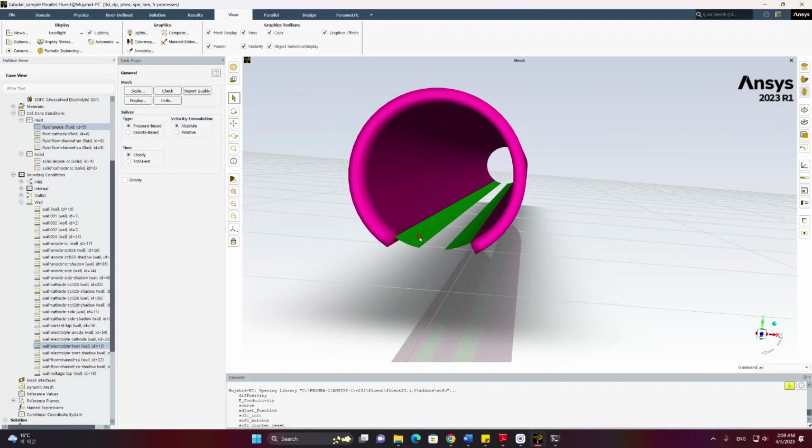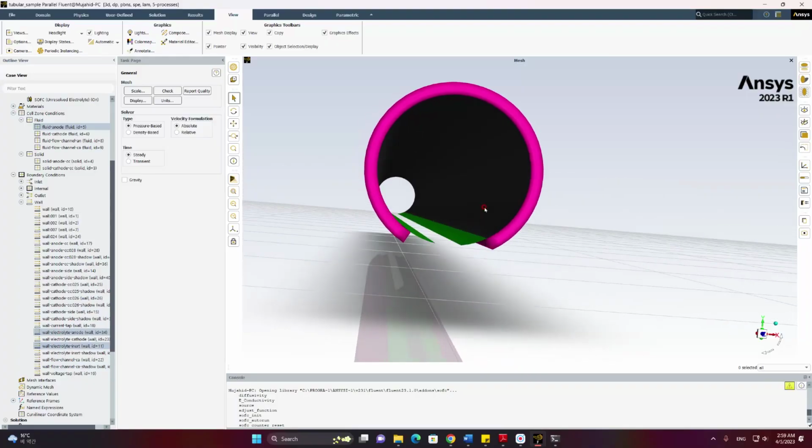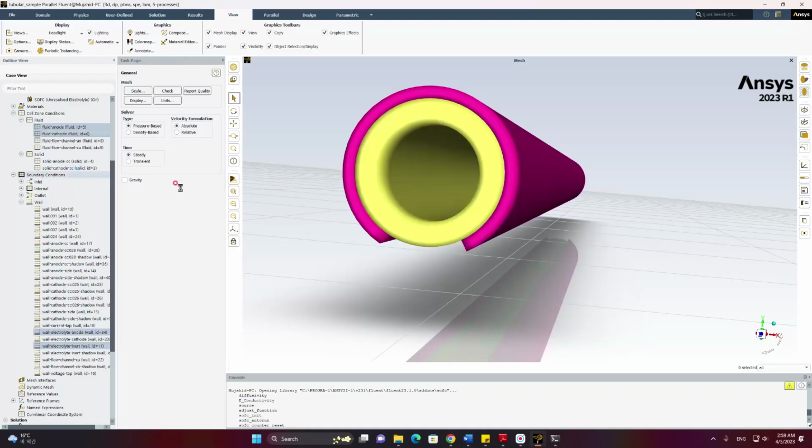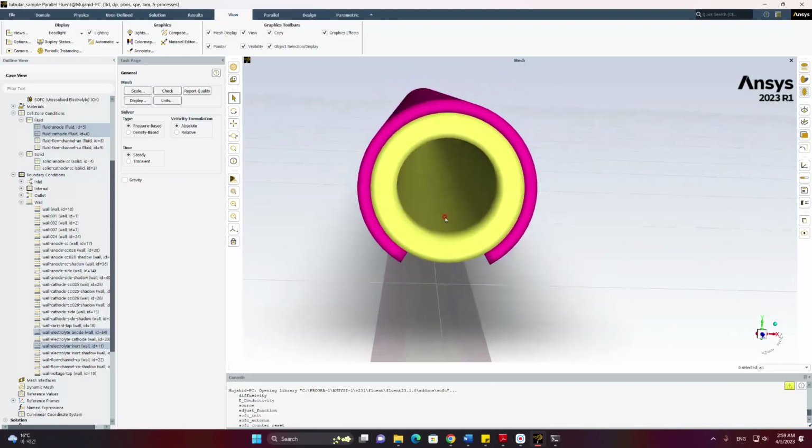So this is the part that does not take part in the electrochemical reactions, and only the wall electrolyte anode will take part in the electrochemical reactions, as you can see right now. And displaying the cathode also, now this is the cathode in between them.